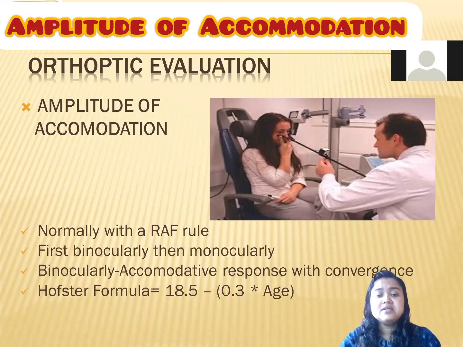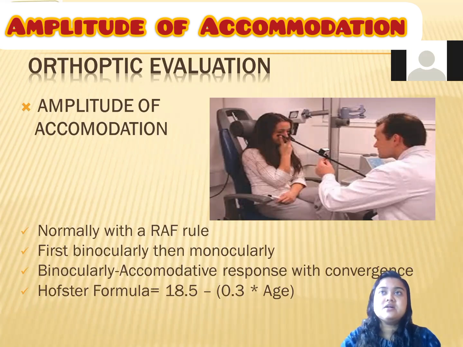One side is in centimeters. Another side has the age of the patient, so it also shows what the amplitude of accommodation should be normally for the correct age. Suppose a patient is 15 years old, he should have an amplitude of accommodation of around 12 diopters. You can see whether it relates to that, okay?